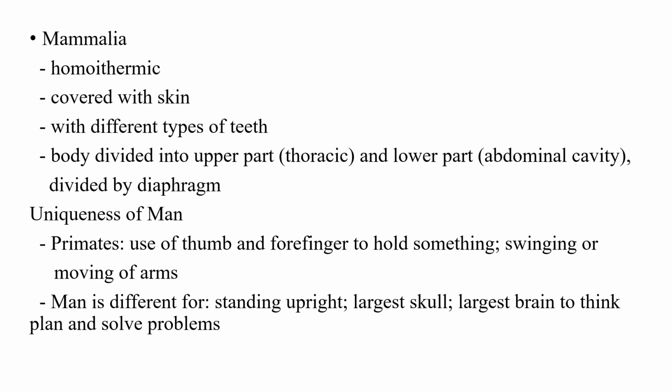Now, looking at all this, the different subphyla and phyla that you have under Vertebrata, it will be discovered that man is unique, despite the fact that man shares certain shapes, structures, and features with some other animals. Man actually belongs to the class Mammalia, but man is unique.